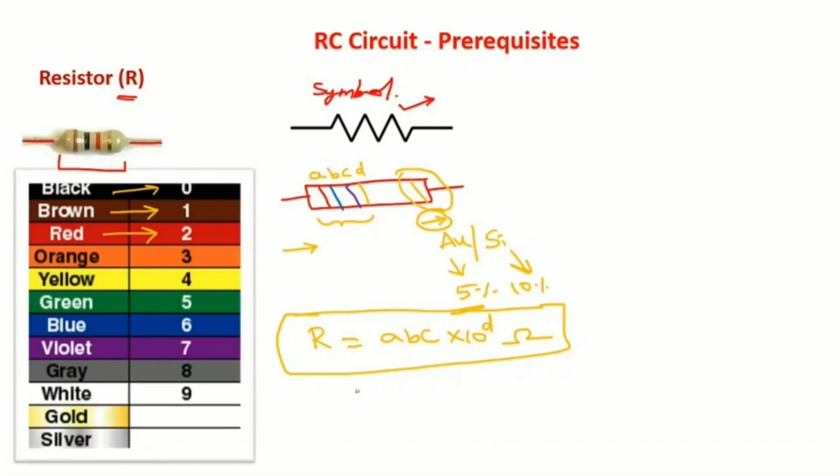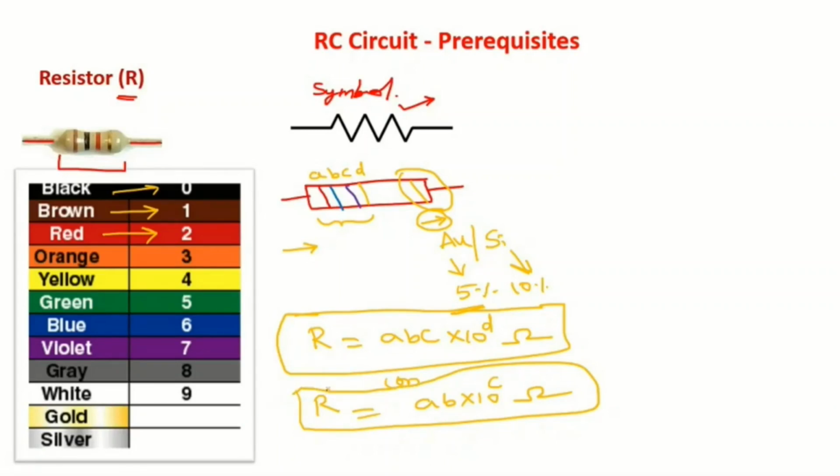This is the formula for four colors available on the left side. If, for example, only three colors are available, then the formula becomes AB into 10 power C ohms. As simple as it is.